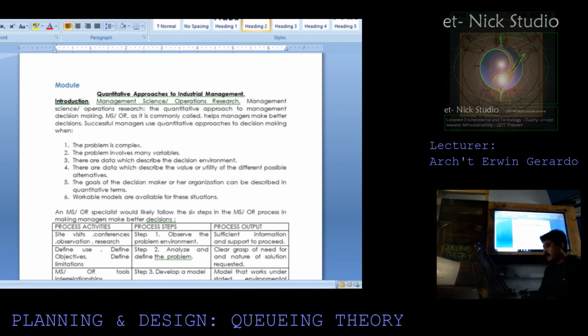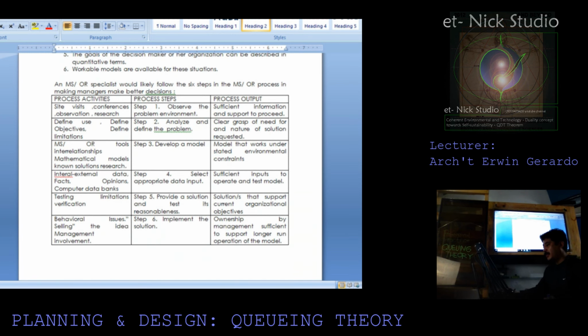Fourth, there are data which describe the value or utility of the different possible alternatives. Number 5, the goal of the decision maker or her organization can be described in quantitative terms. Number 6, workable models are available for these situations.